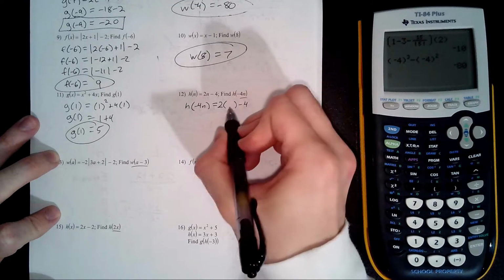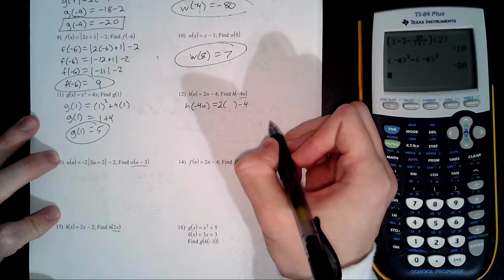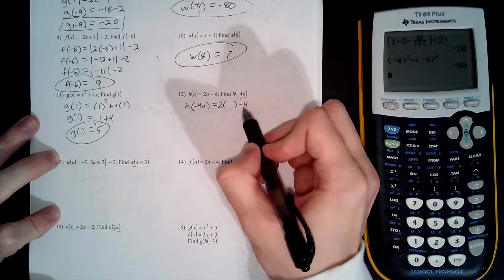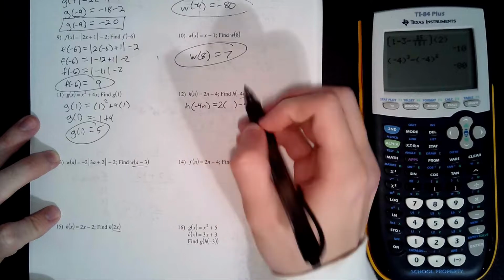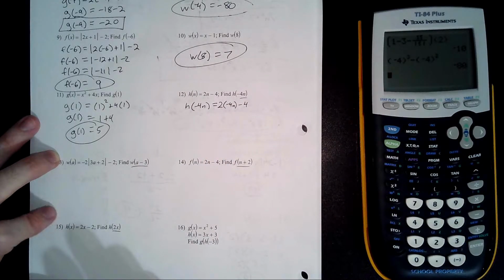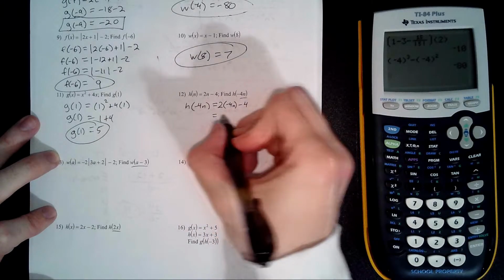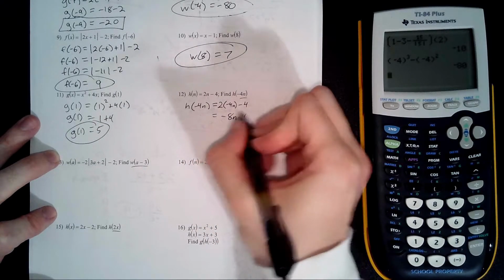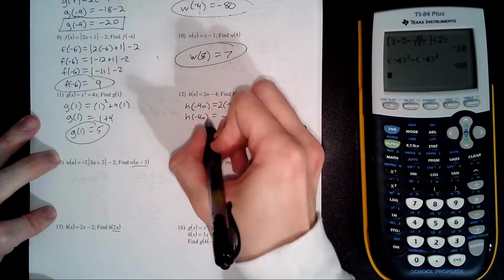So I did 2n, there's my n, it's in parentheses, and then the -4 is on the outside. And now I'm going to put the -4n in. This makes it easier to not make mistakes. Equals negative 8n minus 4, and there's actually no more work to do. That's the end of the question.